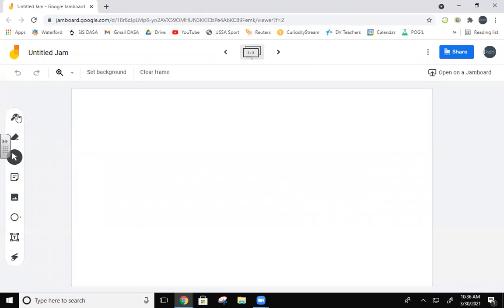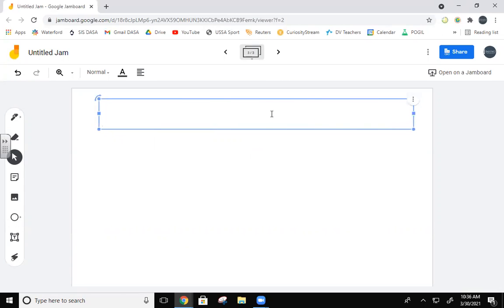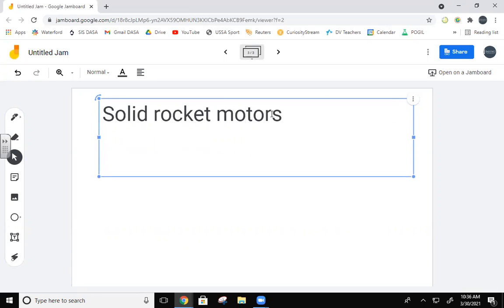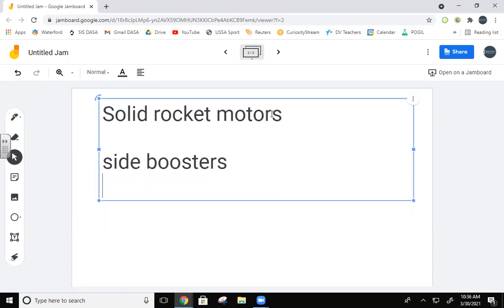We know about solid rocket fuels, right? You light them and they go boom, and then they don't go boom. You can't really throttle them. Most of the time they're used for boosters, side boosters. They have a really high thrust to weight ratio.